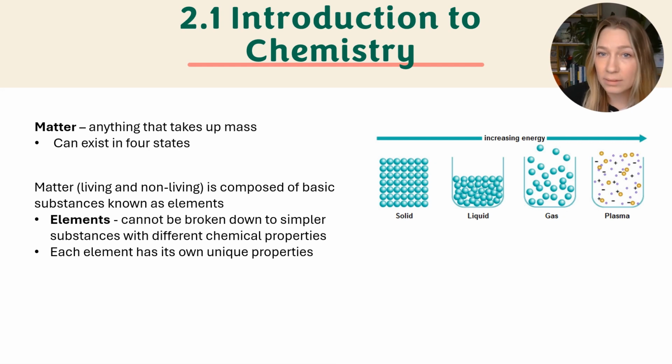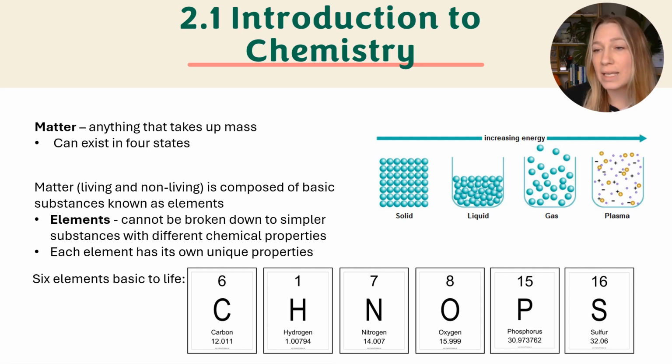An element is a substance that cannot be broken down into similar substances with different properties. For example, oxygen and hydrogen are both elements, but each has unique chemical and physical properties such as their density, their boiling point, their solubility, and their chemical reactivity that define how they will interact with other elements.